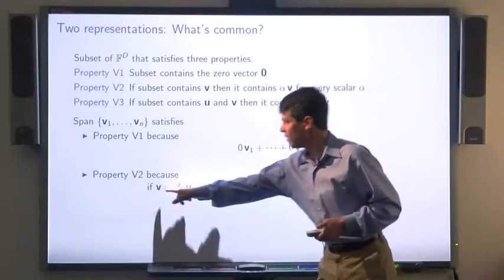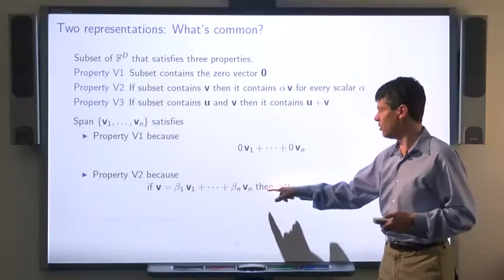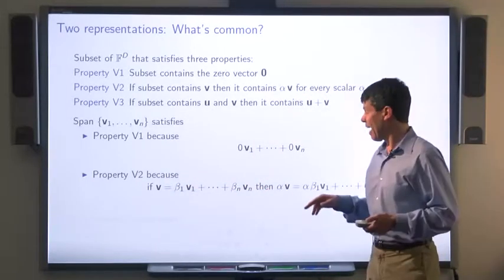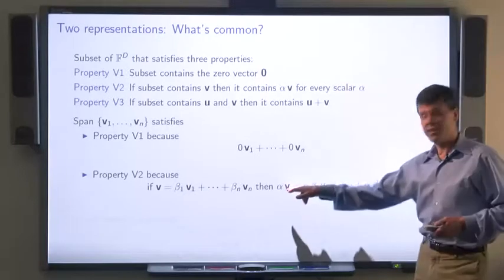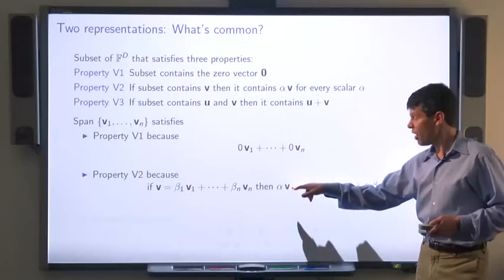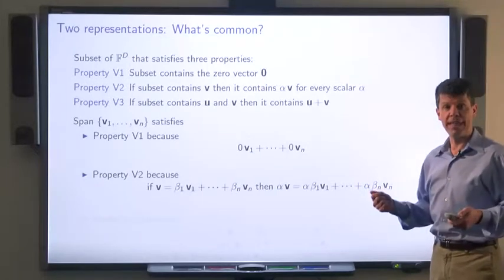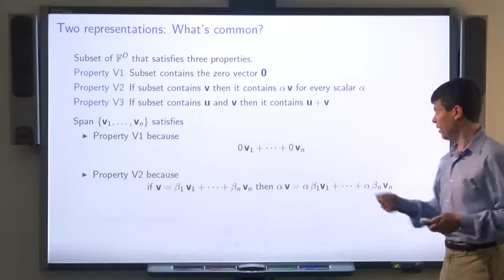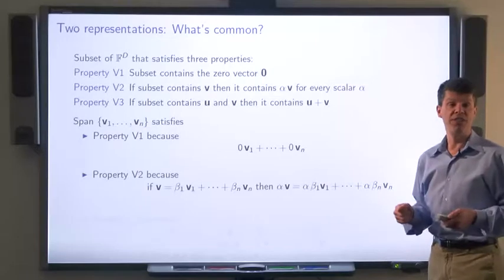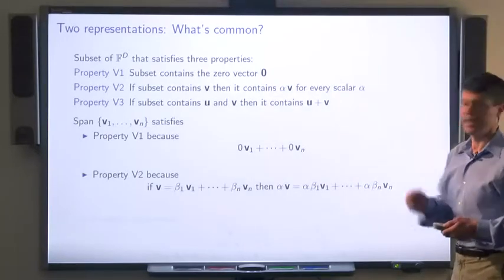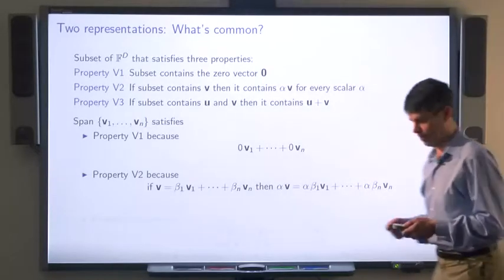You have some scalar alpha. Then the scalar vector product, alpha v, can also be written as a linear combination of those vectors v1 through vn. You just multiply all the coefficients by alpha. Now for property v3.